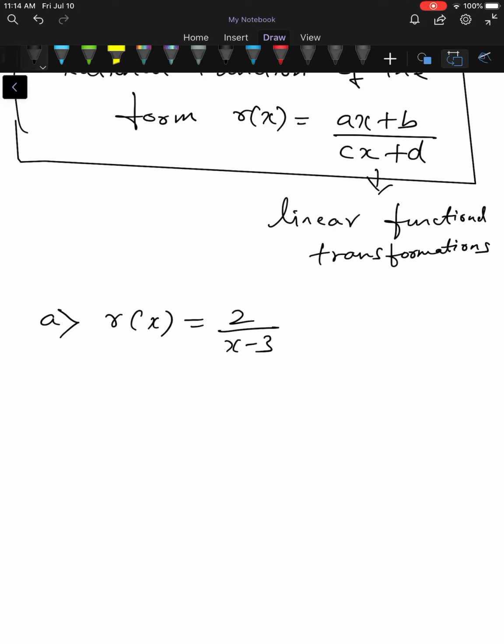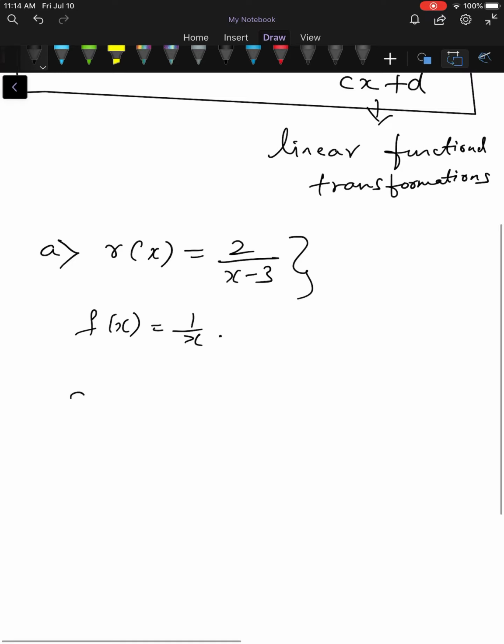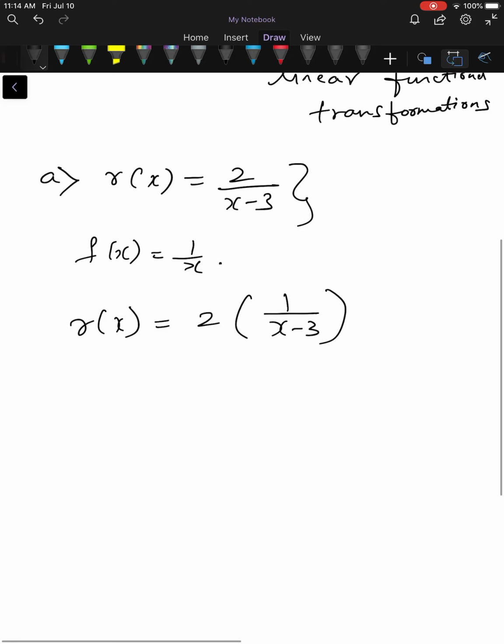So let us see how we can do that. Let f of x is equal to 1 over x, correct? So you can see that you have 1 over x minus 3, right? So r of x can be written as 2 times 1 over x minus 3, which would be nothing but 2 times f of x minus 3.